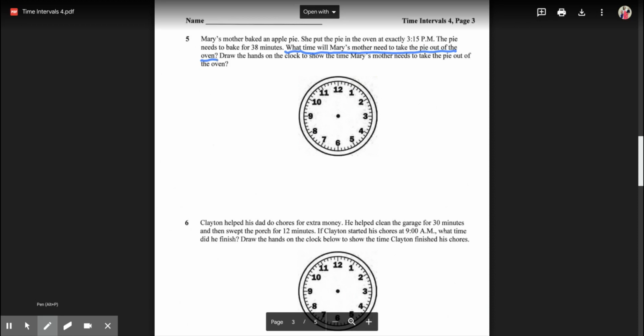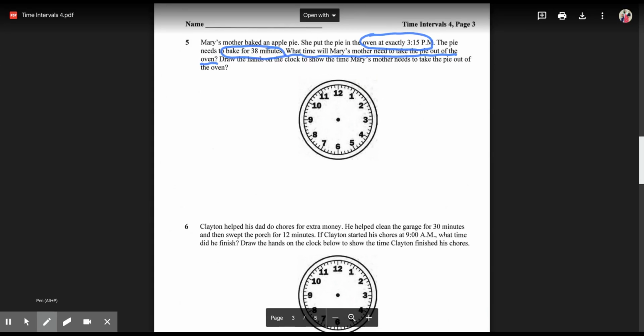All right, so she put it in the oven at exactly 3:15, and it's going to bake for 38 minutes before she can take it out. So I'm actually going to start my clock on 3:15 so that I can use my clock to pass the 38 minutes.